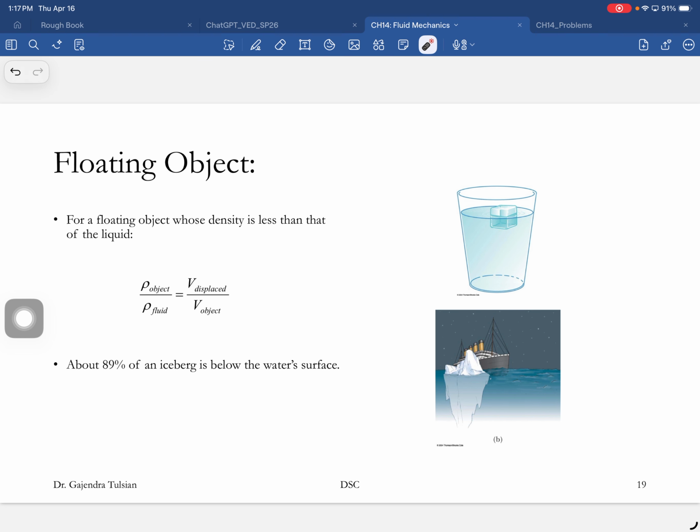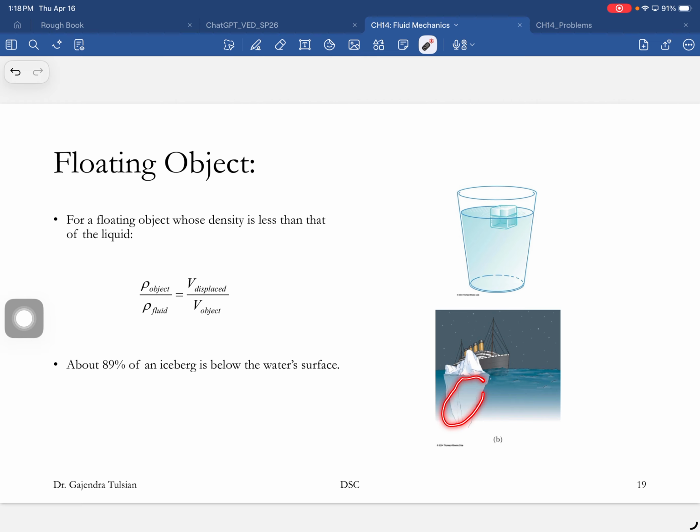Its density is about 89%. Here's the relationship: the density of the object divided by the density of the fluid is the volume underwater divided by the volume of the object. So 89% of an iceberg is underwater.